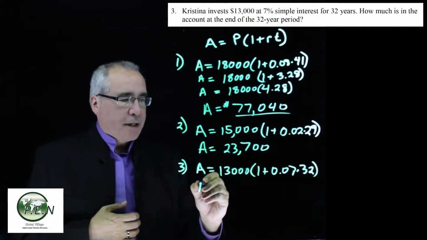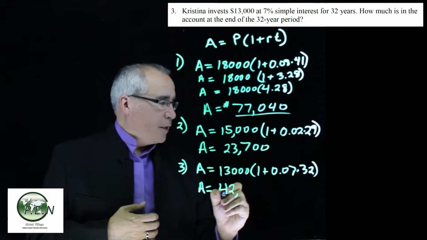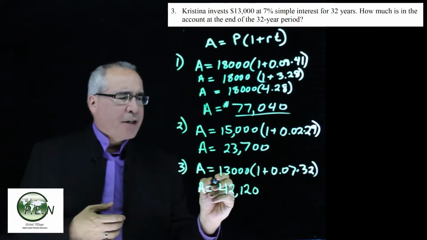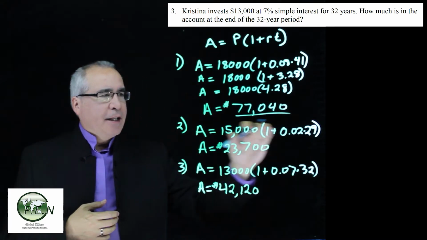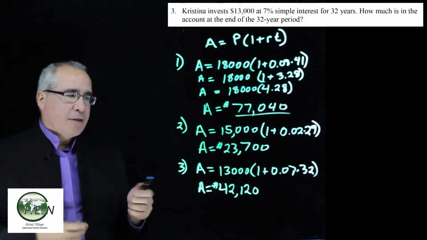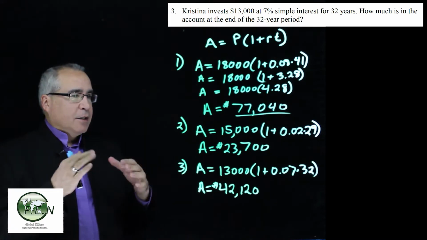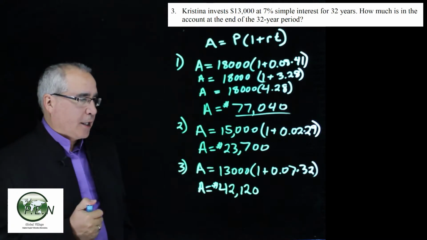Multiply it all out and we get that the accumulated value is 42,120. These are dollars, so it's always good to have units on numbers when you can. In the calculator, we can't put the units, but at the end for our answers, units are significant. Okay, so this was looking for the accumulated value given a principal and interest.